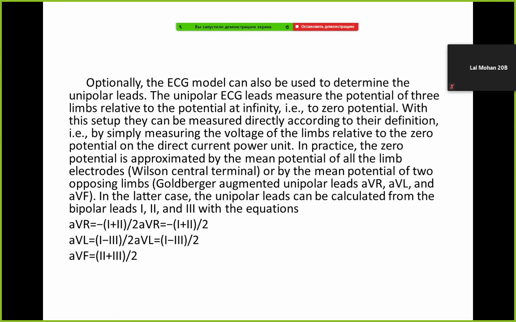In practice, the 0 potential is approximated by the mean potential of all the limb electrodes, the so-called Wilson central terminal, or by the mean potential of 2 opposing limbs, Goldberger augmented unipolar leads. In the latter case, the unipolar leads can be calculated from the bipolar leads, standard leads the first, the second, and the third, with the equations which are presented on this slide.